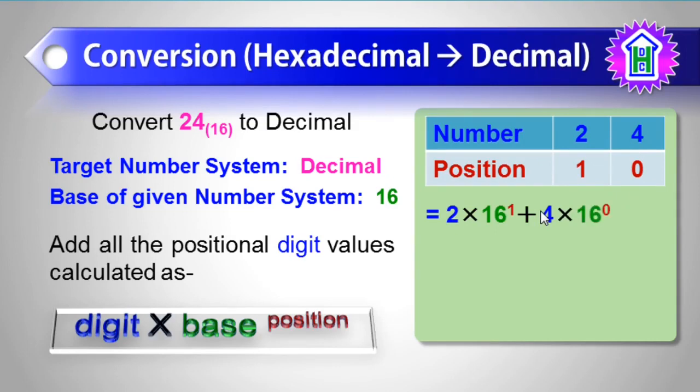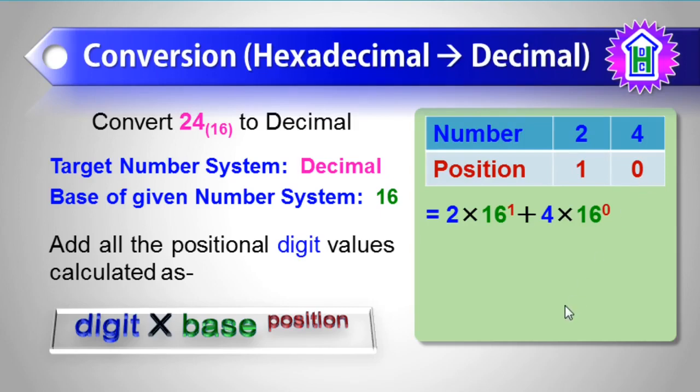Now the formula is applied like this. 2 is the digit at position 1, which is multiplied with 16 raised to the power of its position, which is 1, plus 4 into 16 to the power 0, which is the position of 4.